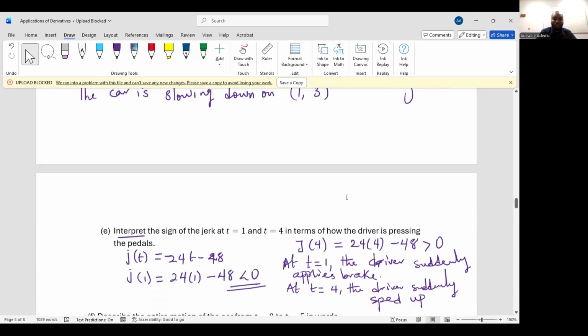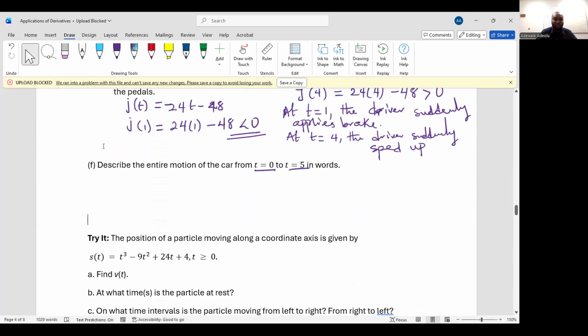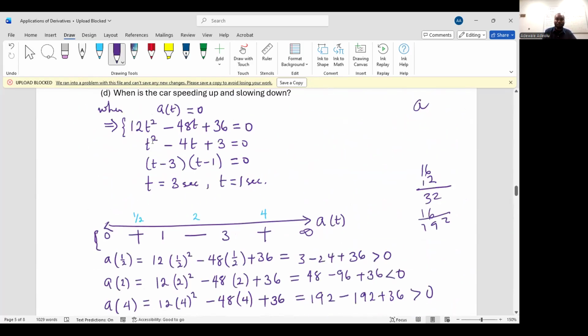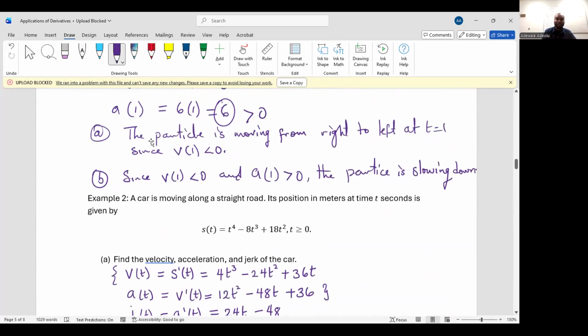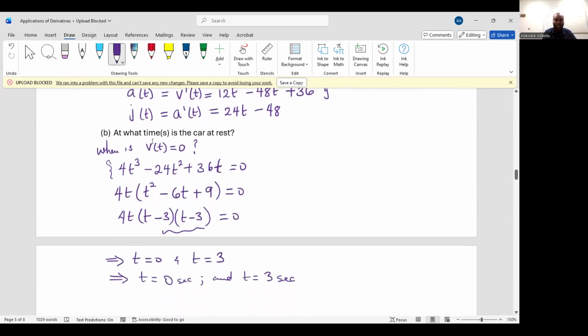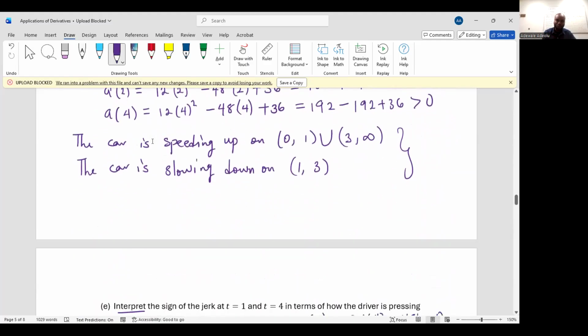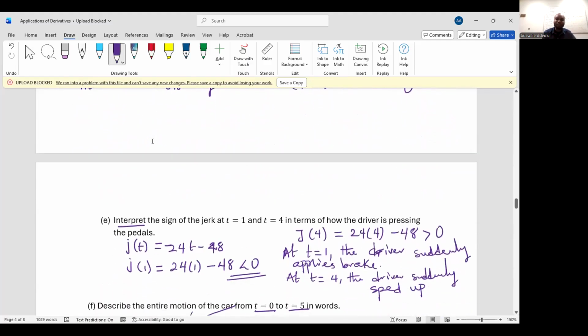So that is what this question is asking you, from 3 to 5, because there is a limit there. So I hope this example helps you to understand what happens when you drive. So when you drive, you can make sense of what is happening with calculus.